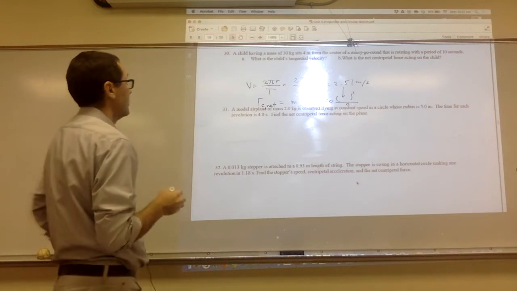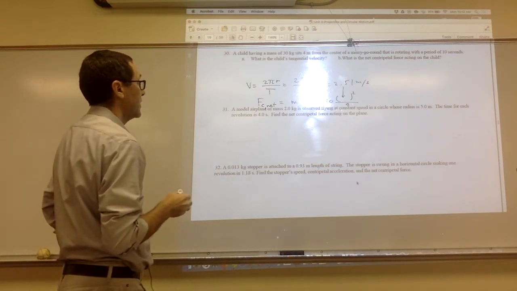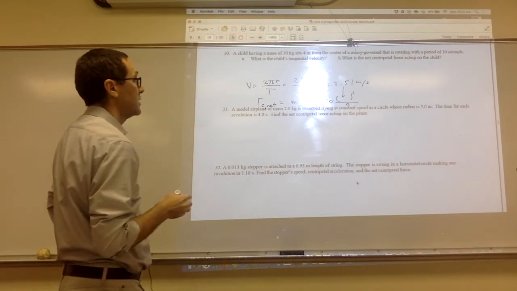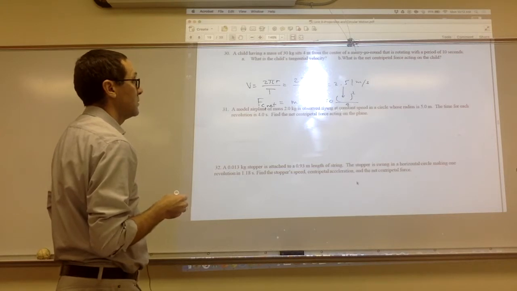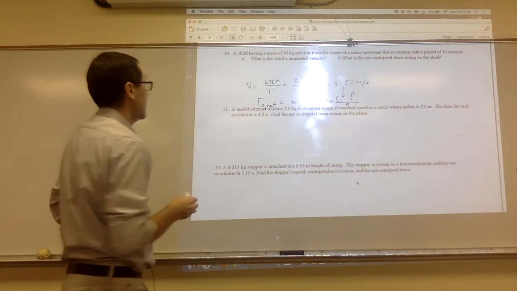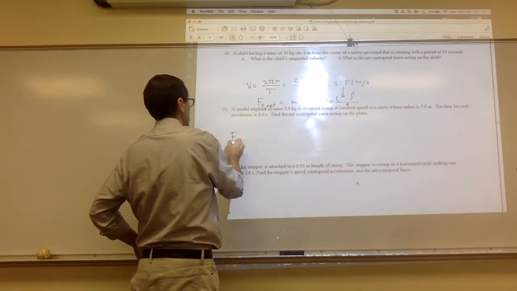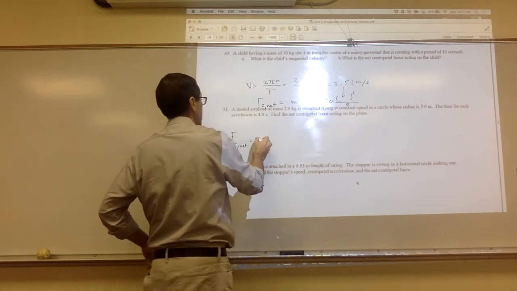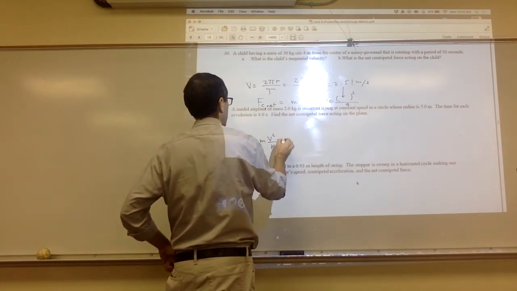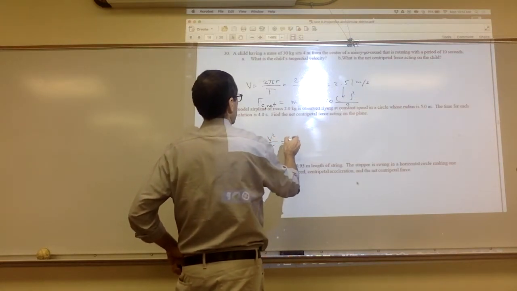A model airplane of mass 2 kilograms is observed flying at a constant speed in a circle whose radius is 5 meters. The time for each revolution is 4 seconds. Find the net centripetal force. So the net centripetal force is mv squared over r. The mass is 2.